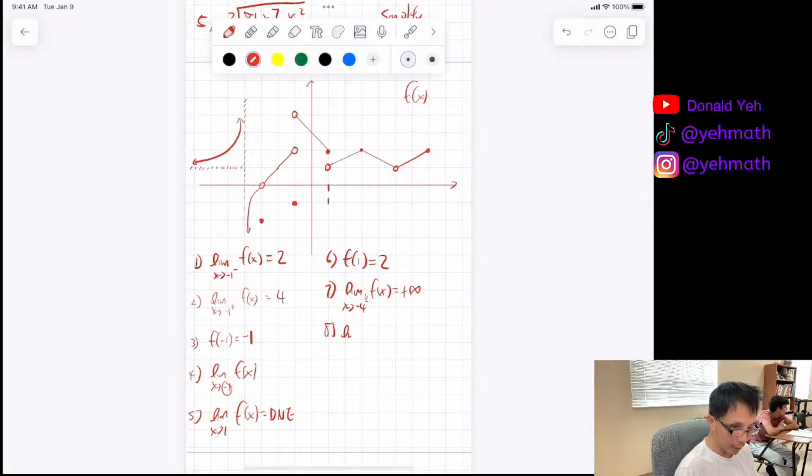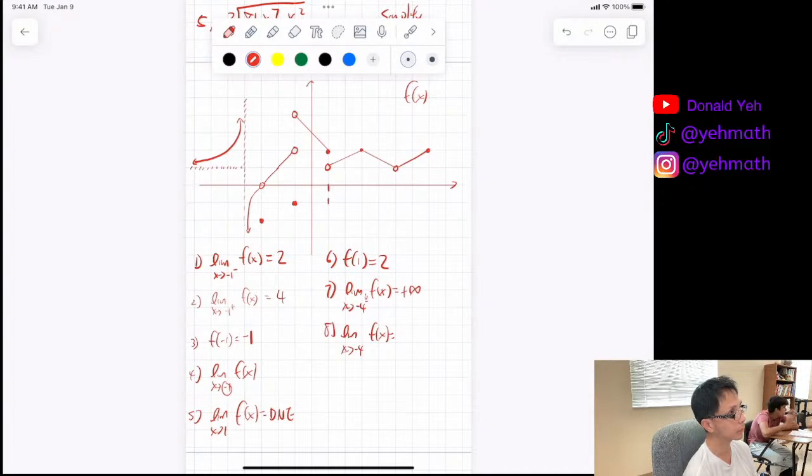Okay, 8. What happens as limit x approaches -4? Simon? Negative infinity. No. Kevin? I was about to say the same thing. Does not exist. Why?